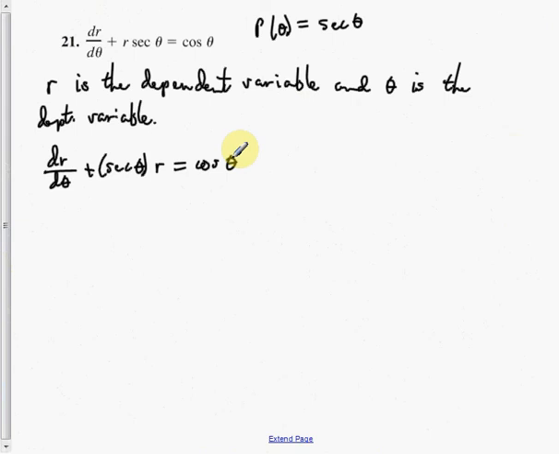So everything matches up. So mu is equal to e to the integral of secant theta d theta. The integral of secant theta is the natural log of secant theta plus tangent theta. So this is e to the natural log of secant theta plus tan theta, and that just gives us secant theta plus tan theta.